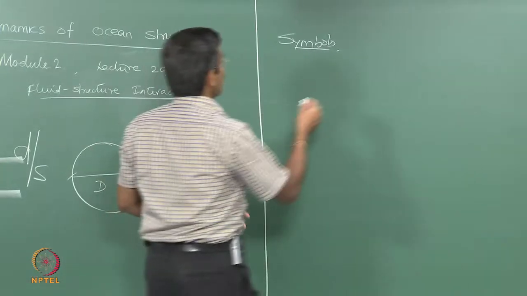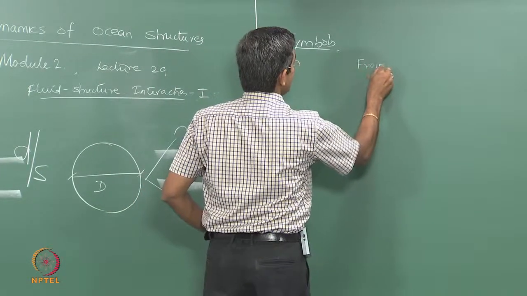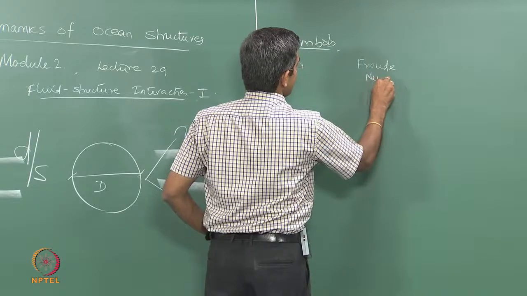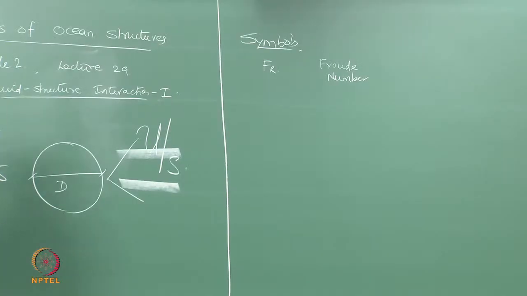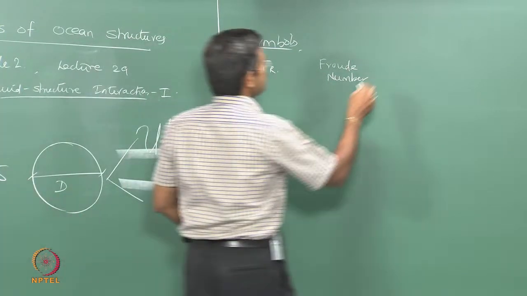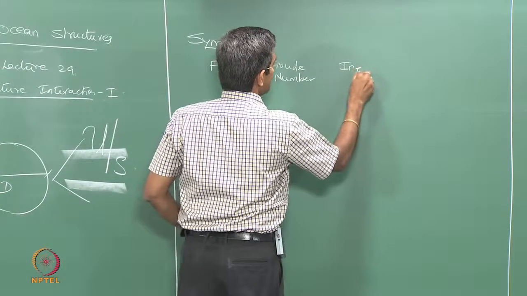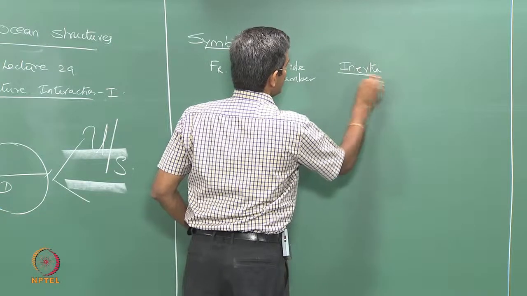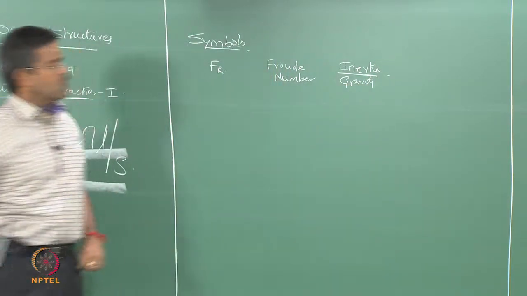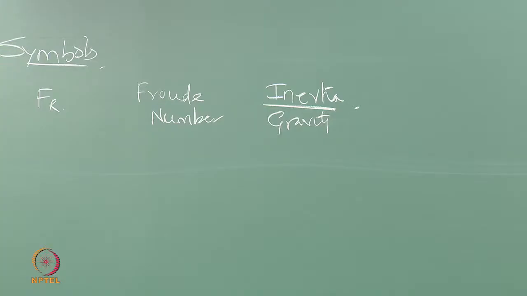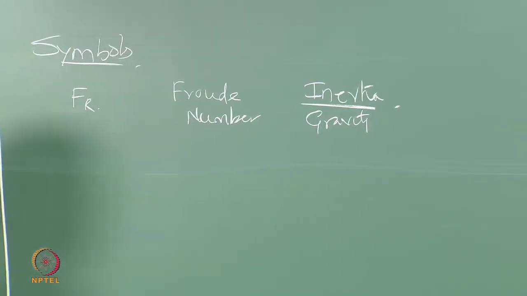Let us say the Froude number, given by Fr, which is the ratio of inertia to gravity. The equation of Fr, we all know, is u0 square by gD.